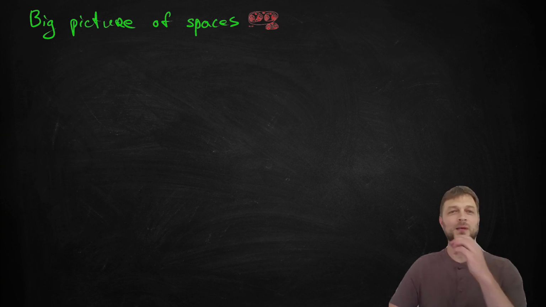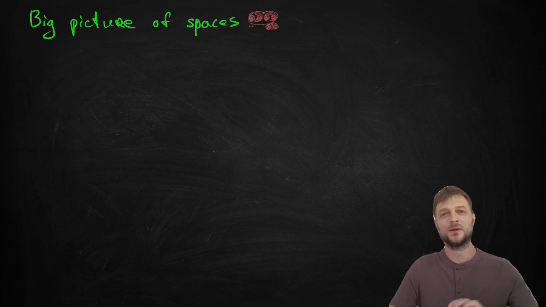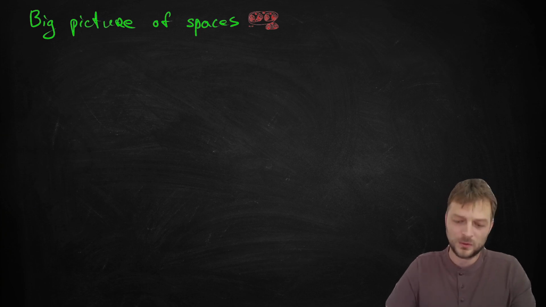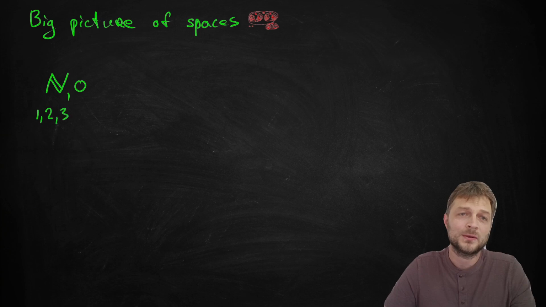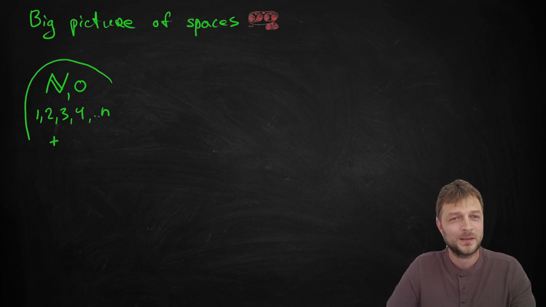So to start, we need to consider the big picture of what we achieved and how we deal with spaces and operations on them. Let's recall what we had. We had natural numbers. We also used 0. We considered the addition operation, right? So this was our building block.